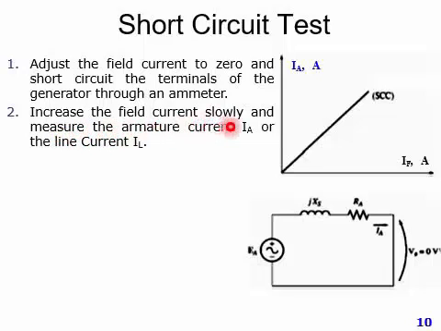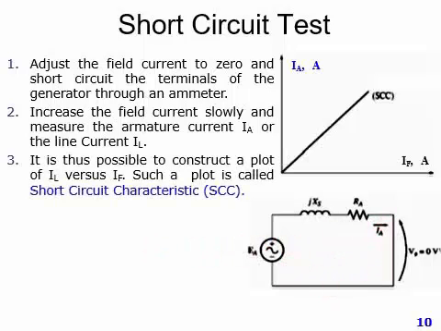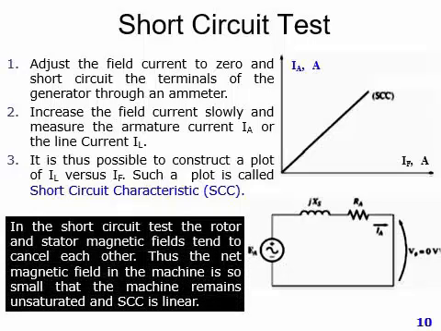Increase the field current slowly and measure the armature current IA or the line current IL. So this IA is calculated by Kirchhoff's current or voltage law.